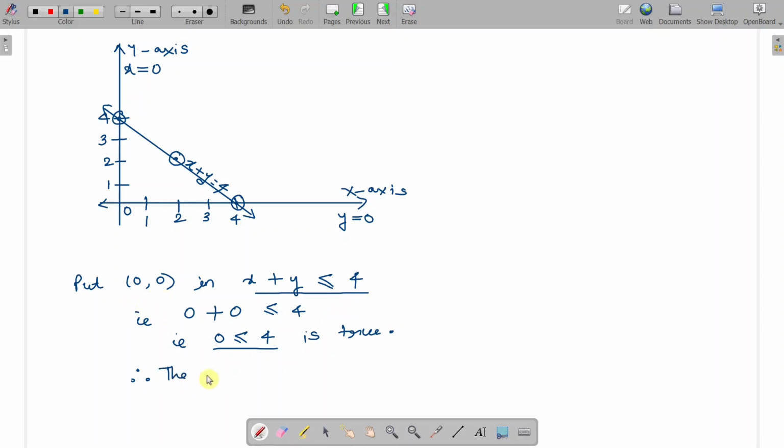So therefore, since the inequality is satisfied for this point 0 comma 0, the solution region is the half plane which has the point 0 comma 0. So that means this half plane.